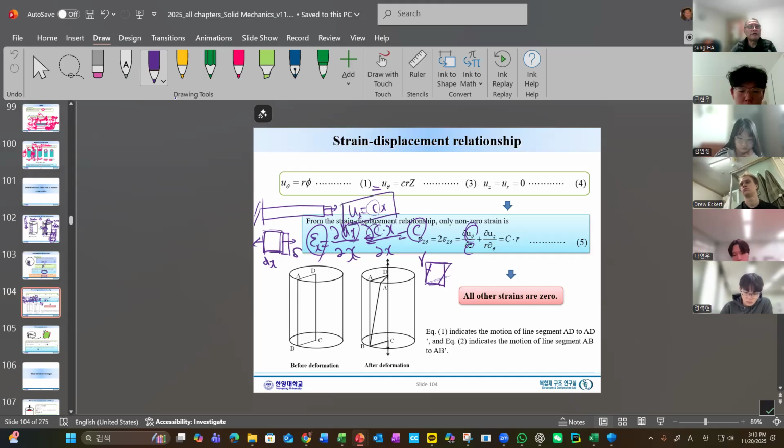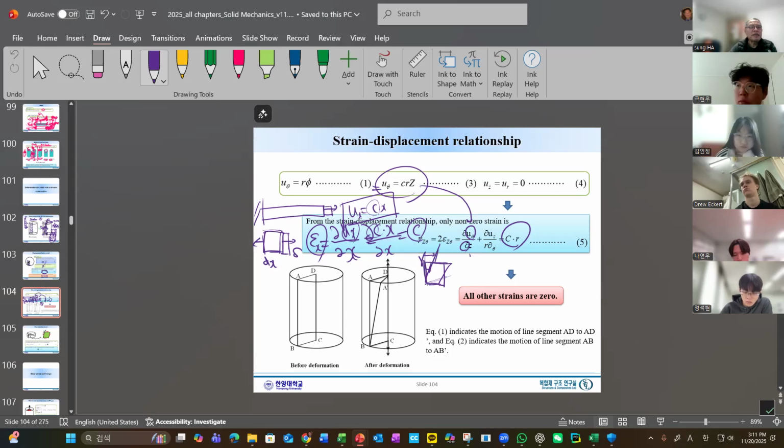And same for here. The u theta, we already have this, and put it here, and the derivative with respect to z, and we have a c times r. What is this? Well, pay attention to the mathematical meaning. The u theta is like this, okay? This guy, and the z is this one.